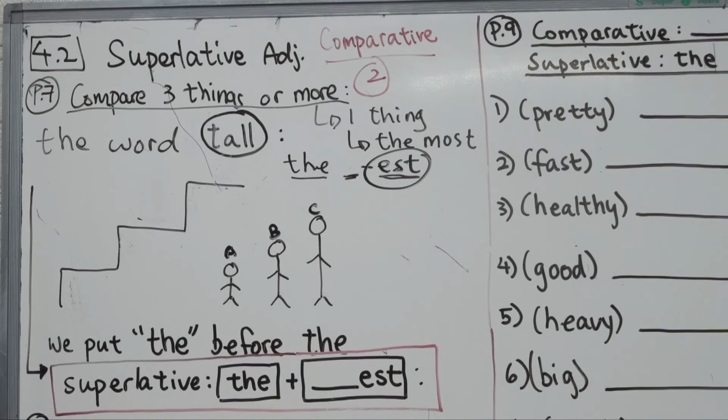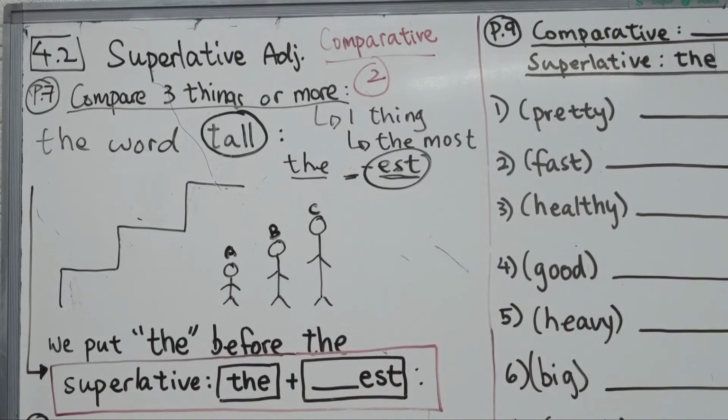Okay, so the word we're working with is tall. And then we have A, B, and C. How many people do we have here? Do we have 2 or 3? We've got 3, so should we use a superlative or comparative? Superlative adjective. We can see from their heights, A is small, B is medium size, and C is the biggest one.